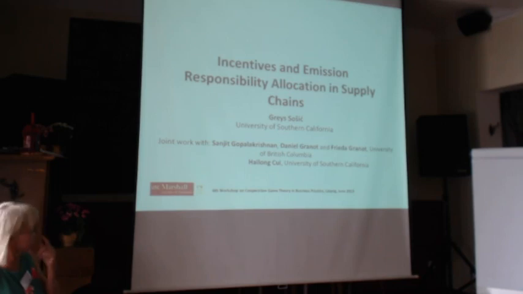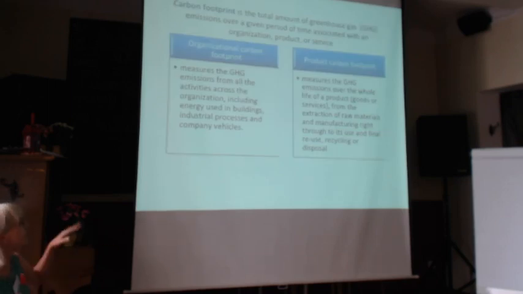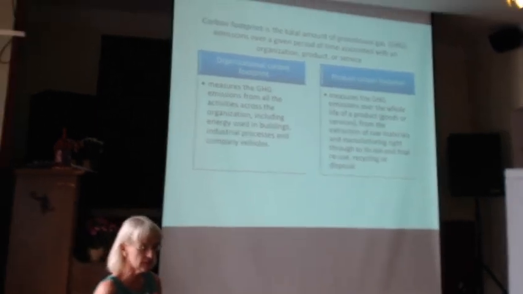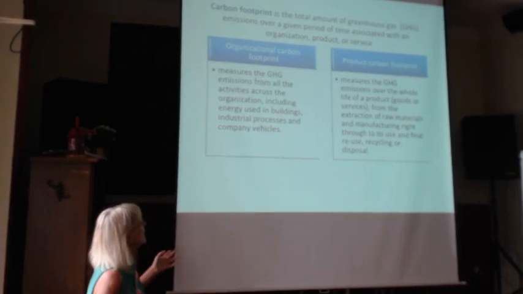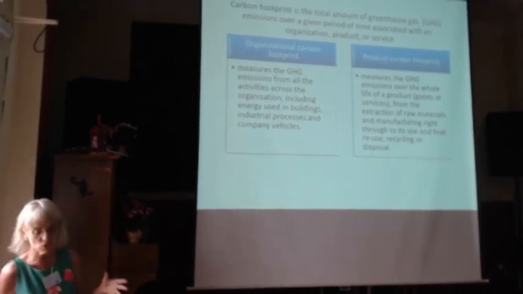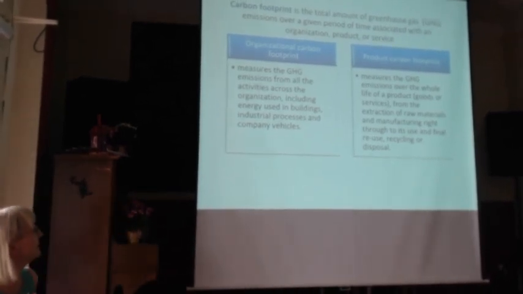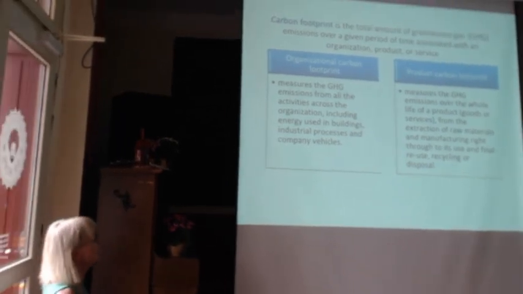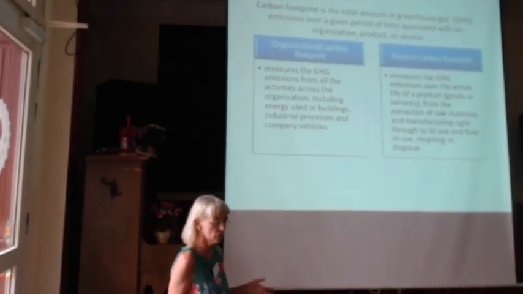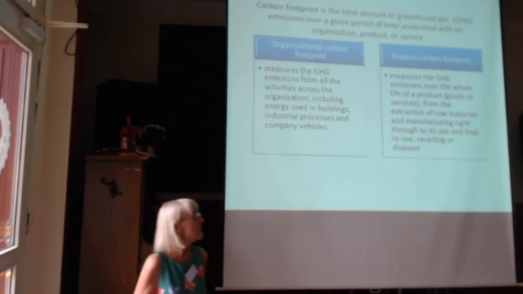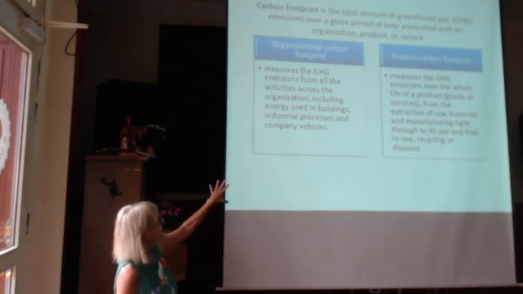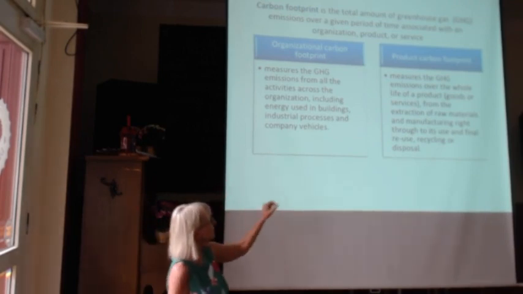We heard a lot about game theory, but not so much about emissions and some other things. So just a brief introduction about some of the related things which motivated this. We hear more and more talk about greenhouse gases. When a company wants to evaluate their carbon footprint, they measure either their overall organizational carbon footprint or the product carbon footprint.